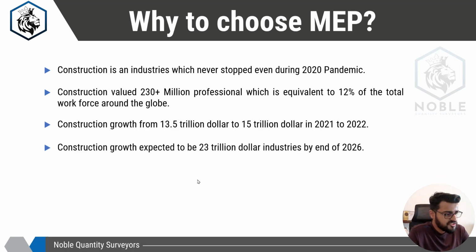Construction is expected to grow to around $23 trillion around the world by the end of 2026. Currently, by the end of 2022, the construction industry was worth $15 trillion, and it is expected to rise to $23 trillion by the end of 2026. So almost 70% growth is expected by the end of 2026.